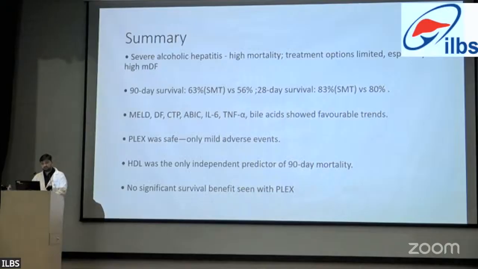MELD, DF, CTP, ABIC, IL-6, TNF alpha, and bile acid showed favorable trends, but were not significant. Plex was safe and only mild adverse events were seen during the plasma exchange, and SDL was the only independent predictor of 90-day mortality, but no significant survival benefit was seen with the plasma exchange group.